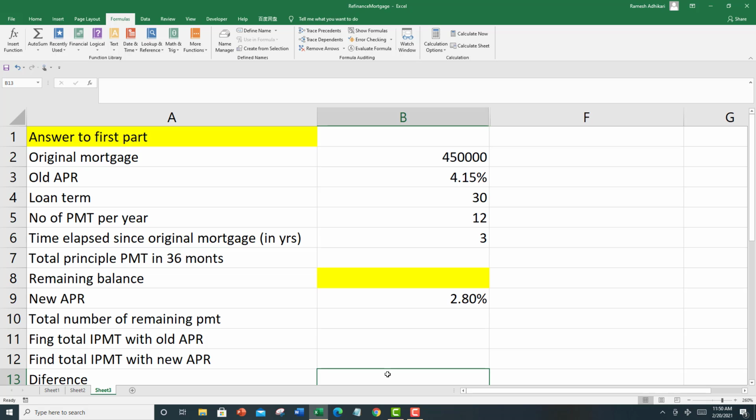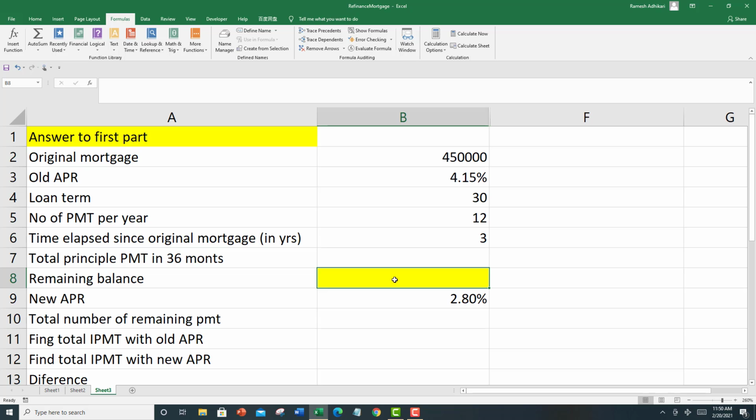So therefore, the key for us to answer the first part of the question is to find out the remaining balance. How are you going to find the remaining balance? As you know, in your mortgage payment, part of your payment goes towards your interest payment, and part of your payment goes to principal payment, right?